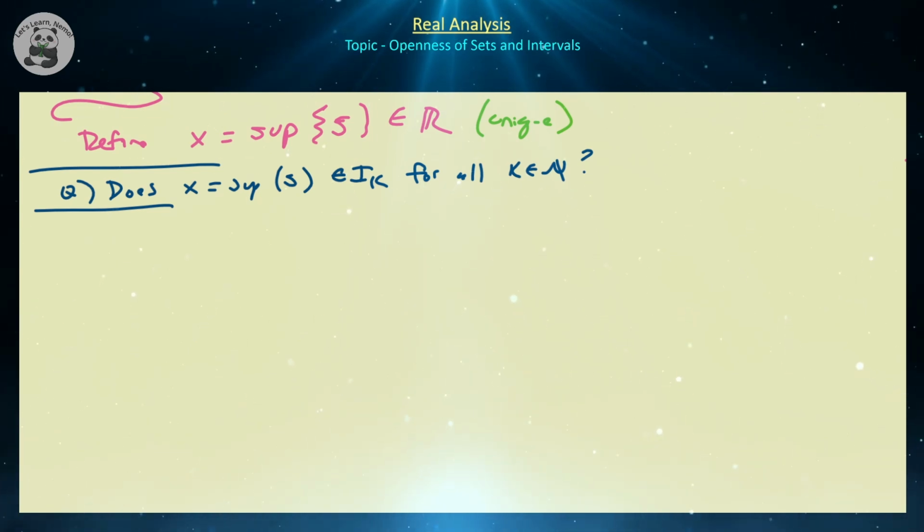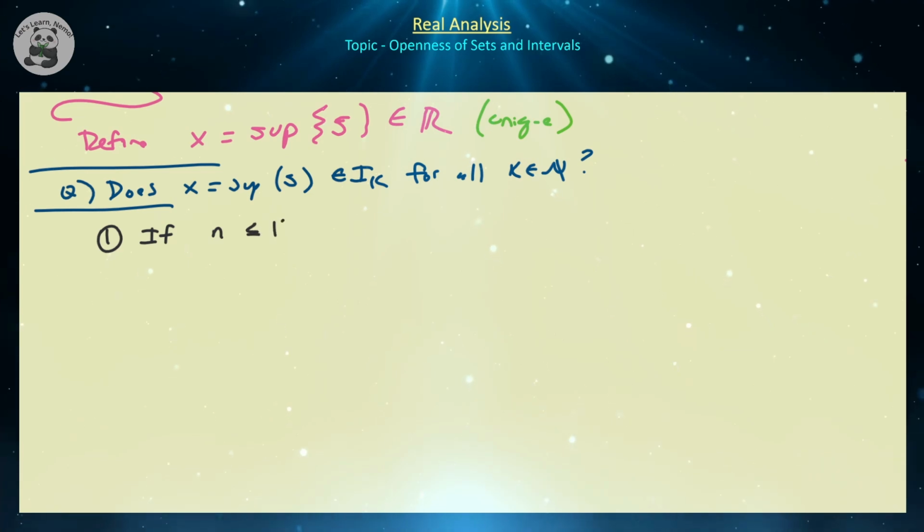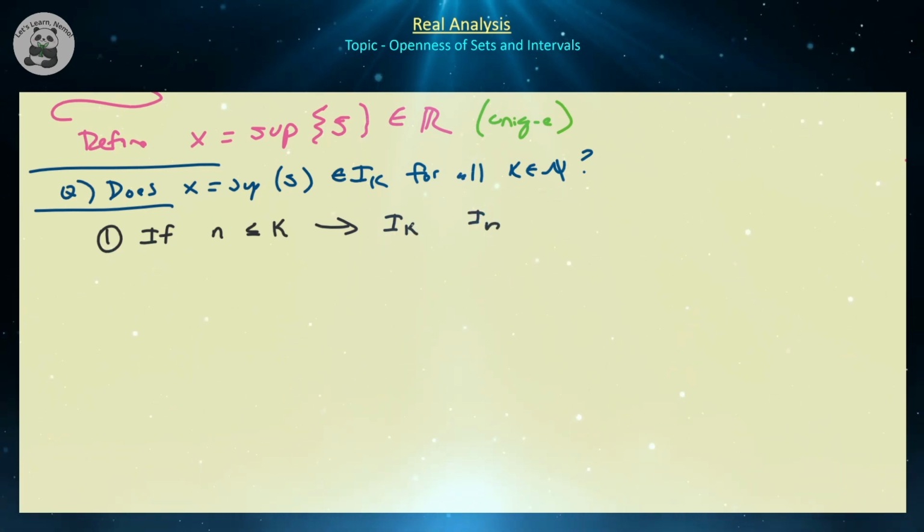Okay, so let's walk through this and see if we can build a nice little argument. The first thing I want to observe is, if n is less than or equal to k, what can you tell me about the intervals Ik and In? Which is bigger? You might want to take a moment, pause the video, and think about this. So if n is less than or equal to k, which one is a subset of whom? You should be able to conclude that Ik is a subset of In.